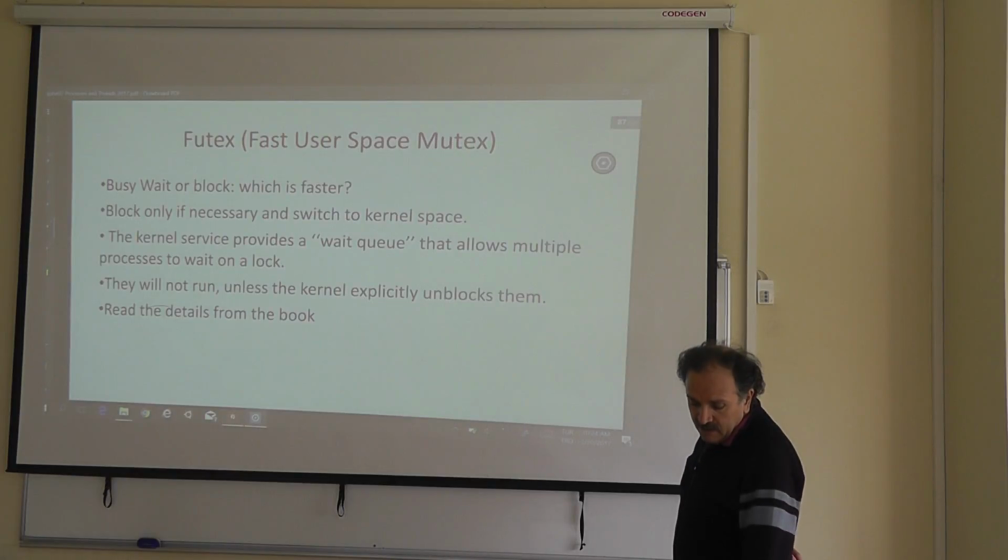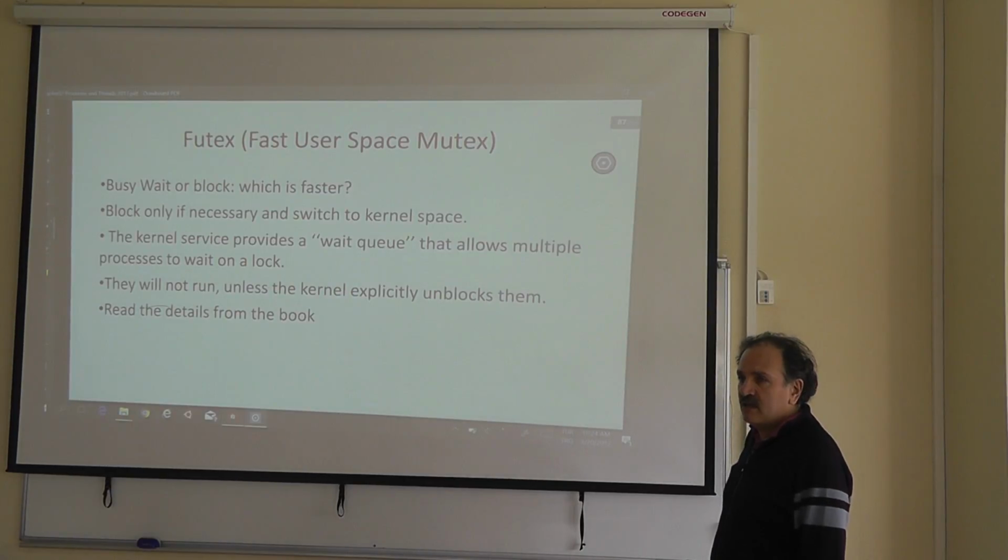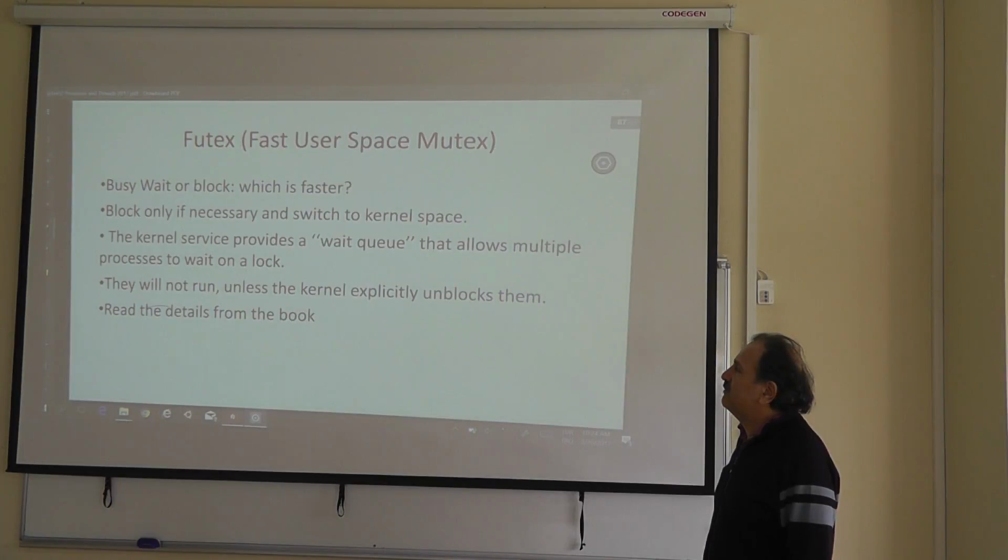So the busy wait or block, which is faster? If the lock is available, definitely busy wait is, because I am not busy anymore. I just take the lock and continue. But if the lock is not available, then I should block. Okay. So this is Futexes, fast user space mutexes. Okay.